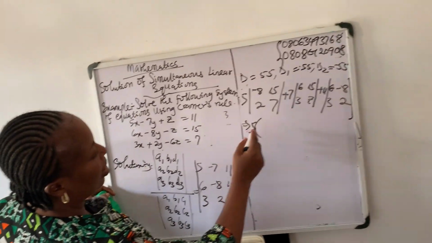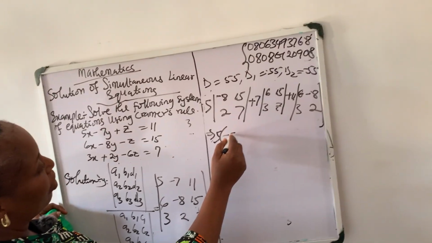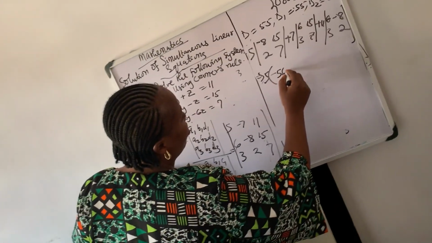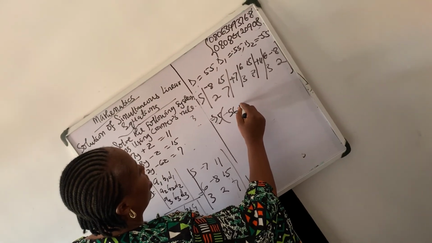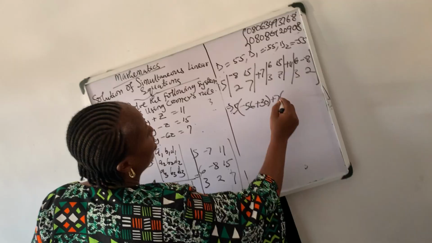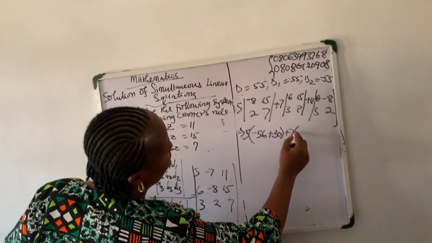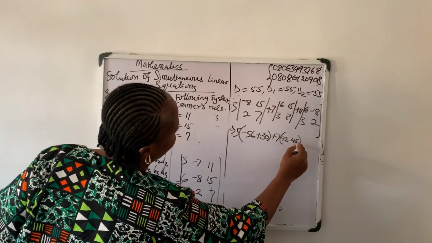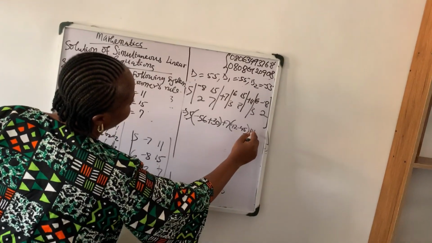Minus 8 times 7 is minus 56. 15 times 2 is 30 plus 7. 6 times 7 is 42 minus 45 plus 11.